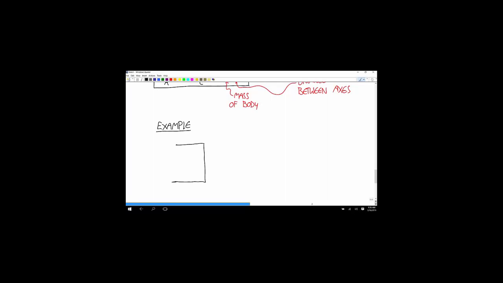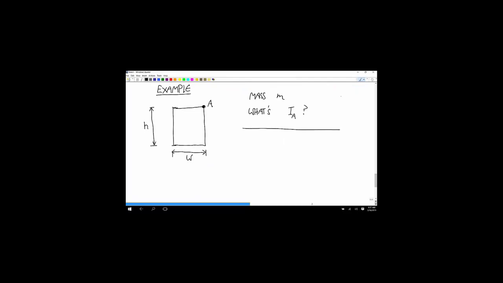So let's say we have a rectangle in 2D. Let's say that this is H, this is W, and the mass is M. Let's choose a point A that's at the corner and calculate the mass moment of inertia about A. Okay, well, the formula gives us the mass moment of inertia about the center of mass.